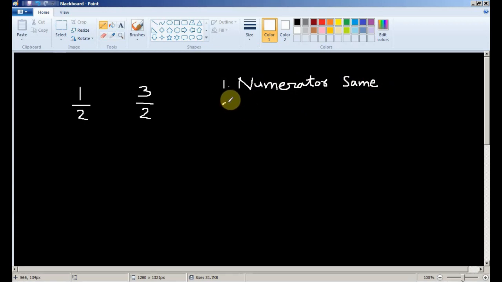The second case I talked about was where the denominator is the same. Here is an example. I have one fraction which is 1 by 2 and another fraction which is 3 by 2, which is an improper fraction. Both have the same denominator, right?